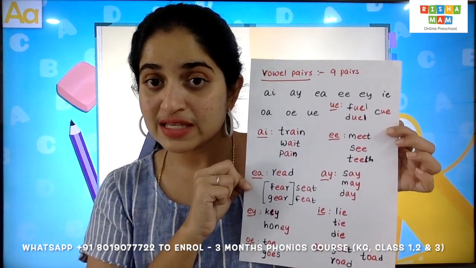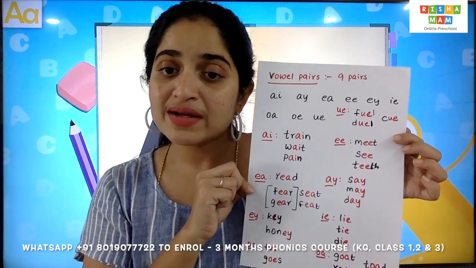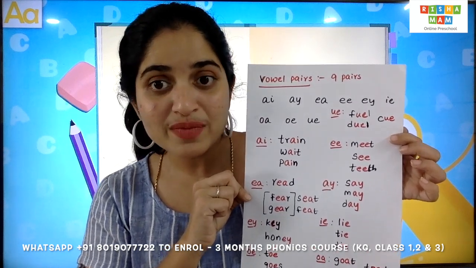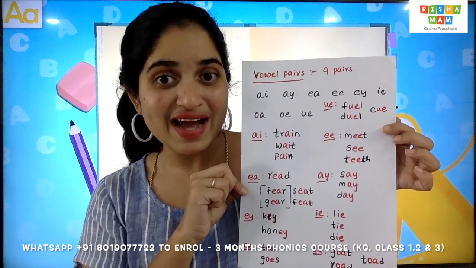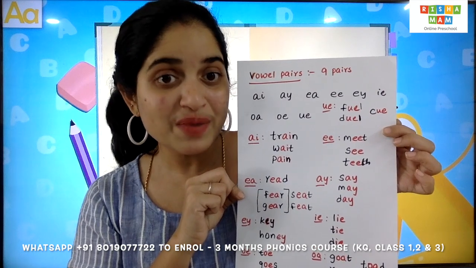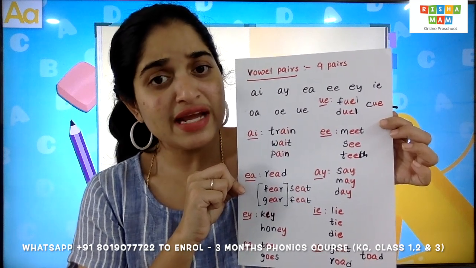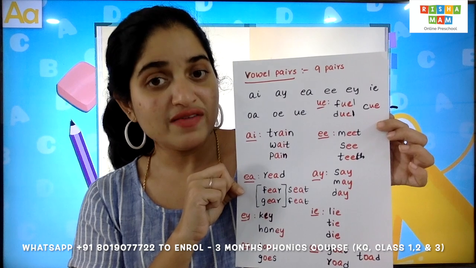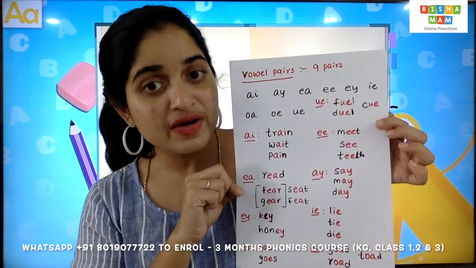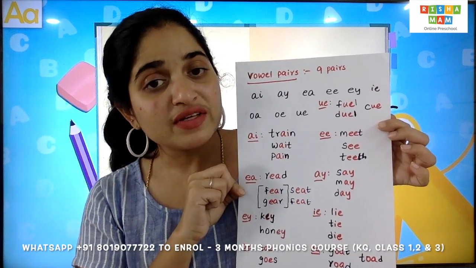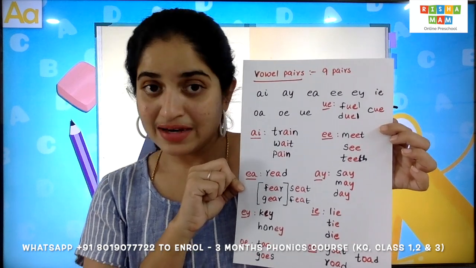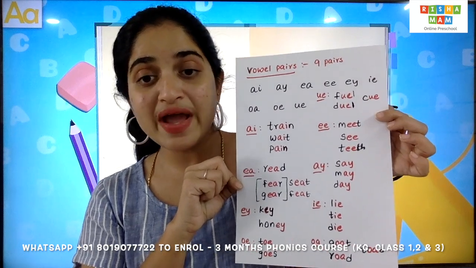Whenever you see these 9 vowel pairs in any word, you now know how to pronounce them, isn't it, children? Isn't it so easy and fun to learn the vowel pairs today? You just have to say the name of the first letter whenever you see this combination of blends in between the words. This is how you have to learn vowel pairs.